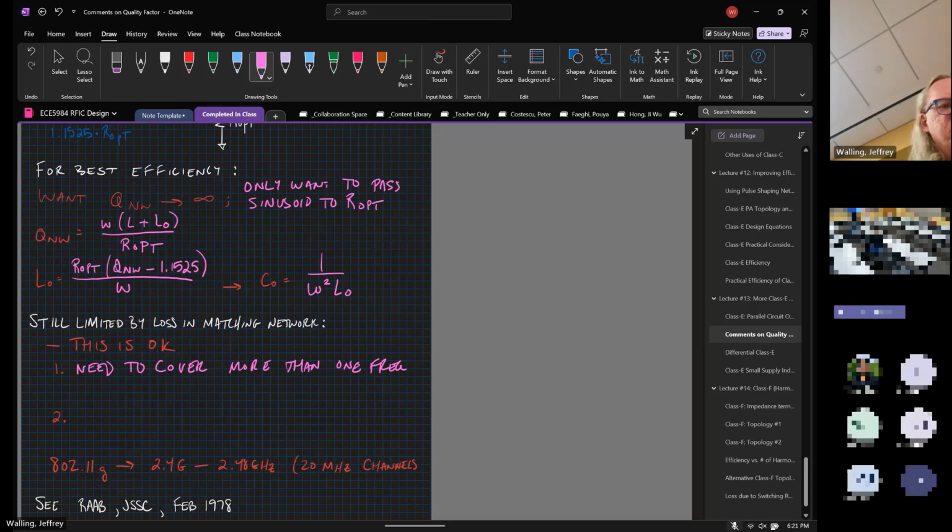Just as an instance, if we're looking to work in the Wi-Fi bands, we have to cover 2.4 to 2.48 gigahertz if we're in the lower ISM band, and if we're in the U-NII bands for the higher Wi-Fi frequencies, we might need to cover, say, 5.25 to 7.15, I think, might be off by a few megahertz there, one direction or the other.